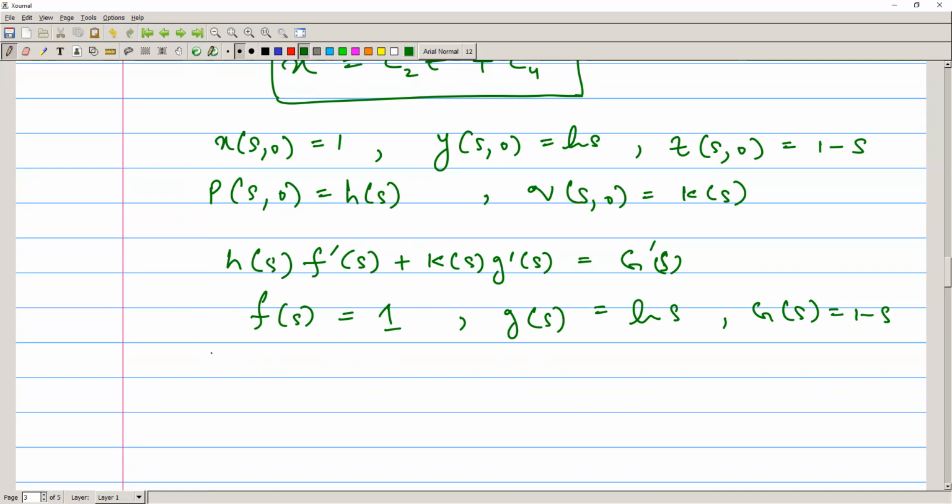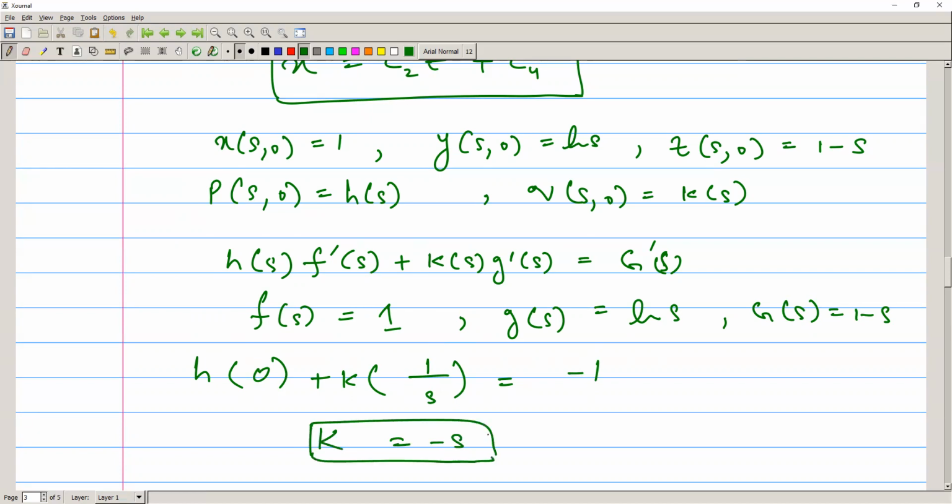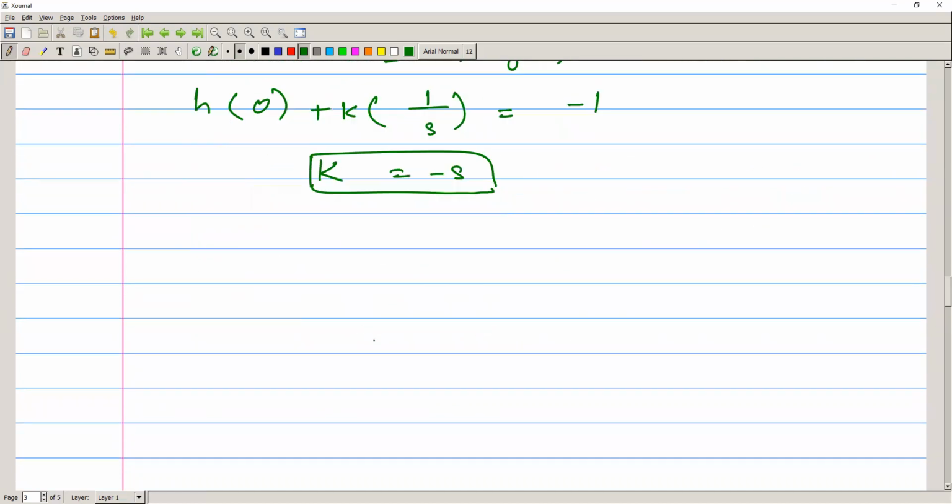So now h times the derivative of 1, which is 0, plus k times the derivative of ln s, which is 1 over s, equals the derivative of 1 minus s, which is negative 1. So k is equal to negative s.